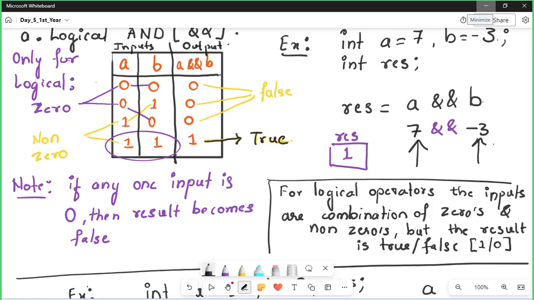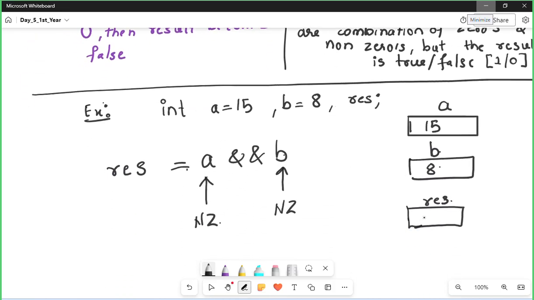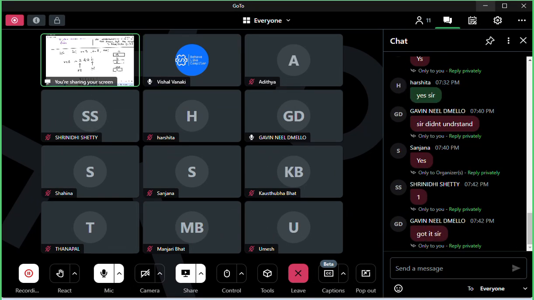For logical operators, that 1 is nothing but non-zero numbers. So the result will be non-zero logical AND of non-zero, which is true. So 1 will be stored in the result. Are you clear on this now? Got it? Very good.